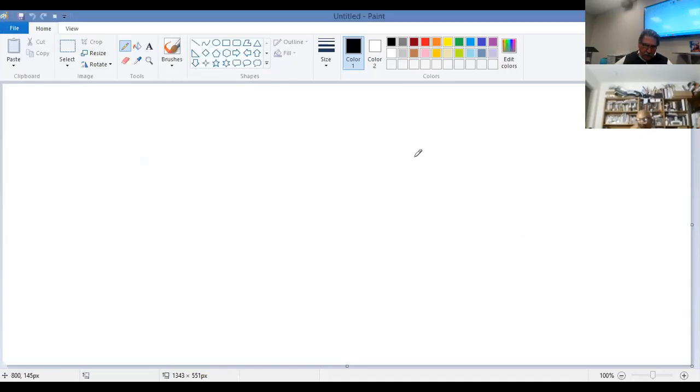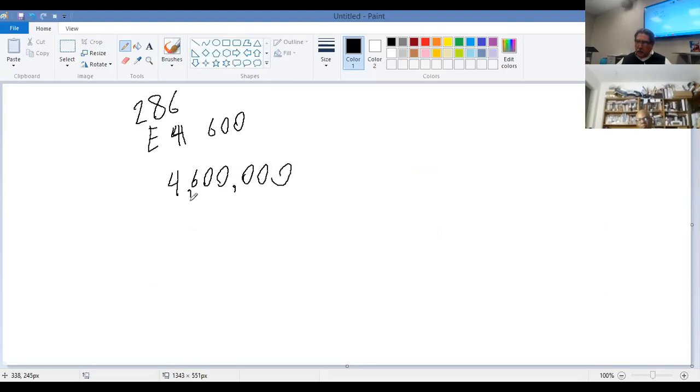I'm on page 286, example 4, number A. I have 4,600,000. I want to convert that to scientific notation.